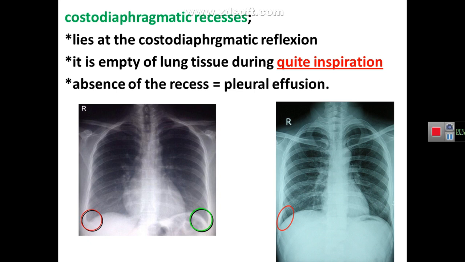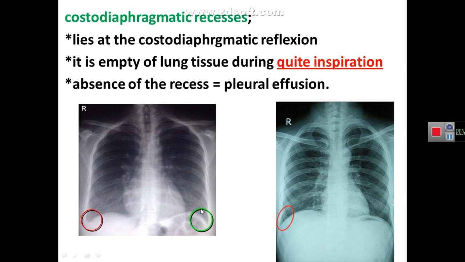An important point during chest X-ray in regard to the costodiaphragmatic recess. This angle, which we had in anatomy, we call it the costal reflection, between the costal and diaphragmatic parietal pleura, is a very important normal mark that should be examined during examination of a posterior anterior chest X-ray.